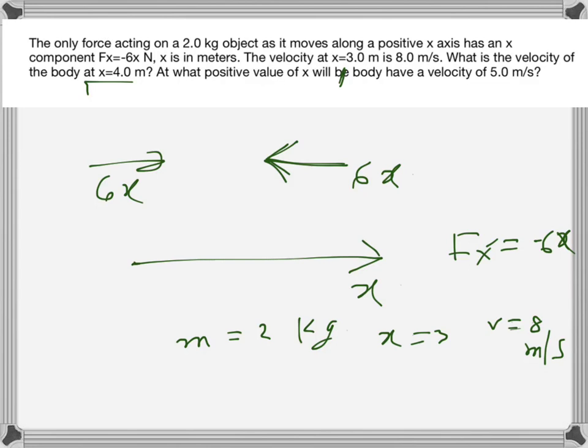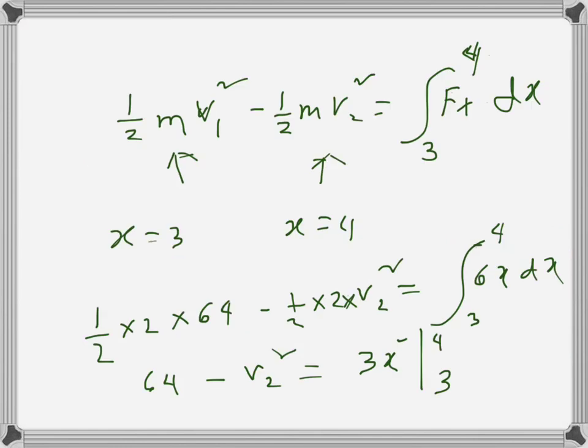So at what x value will the velocity be 5, basically. What it means is we know the velocity. So we need to do the integration again, with dx, and we don't know the upper limit if we start from 3. That we need to find.